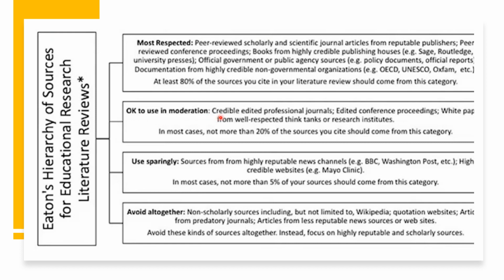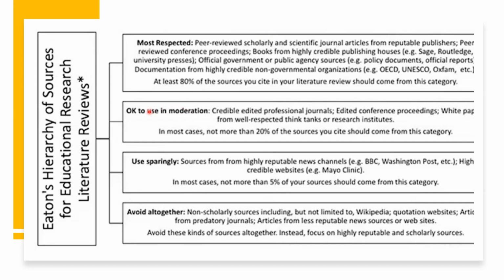This involves credible, edited professional journals, edited conference proceedings, white papers from well-respected think tanks or research institutes. They're also credible but not as credible or reputable as the first one. So in this case, you should not use more than 20% from this category.